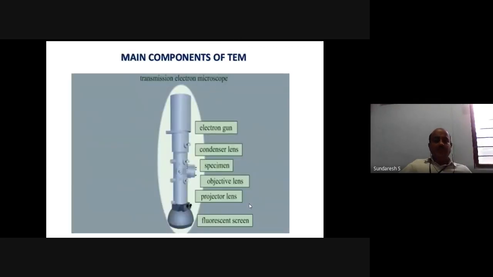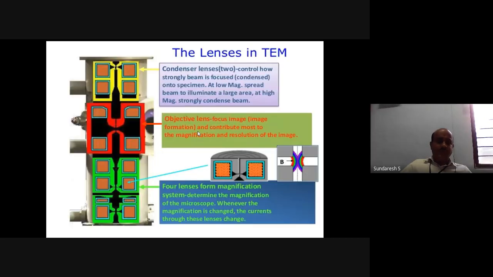And this is the main picture of the transmission electron microscope. So we have the electron gun, condenser lens, specimen, objective lens, projector lens, fluorescence screen. So this is just a picture of a transmission electron microscope. And here we have the lenses in TEM.